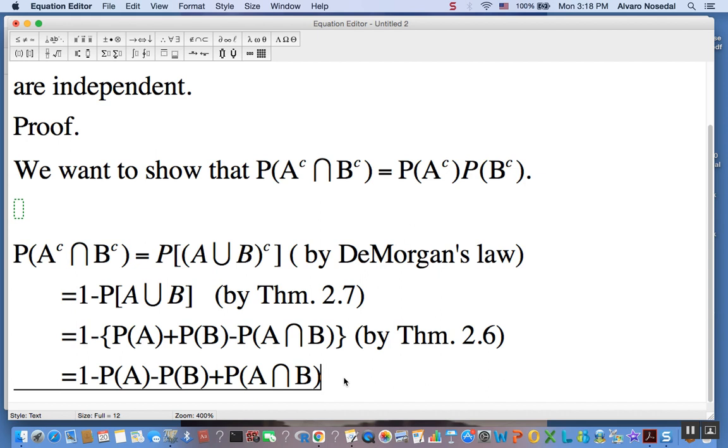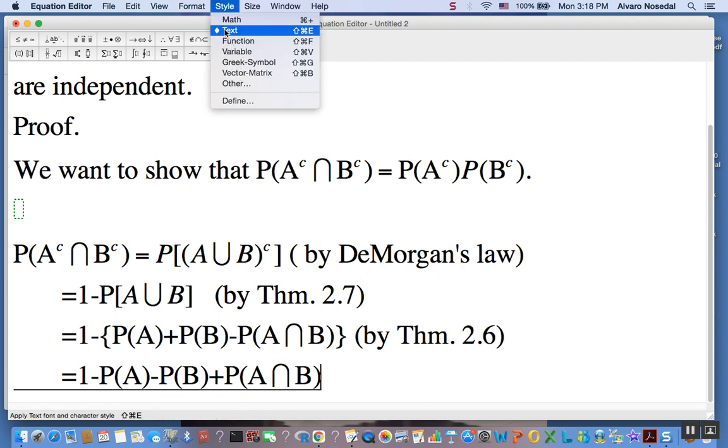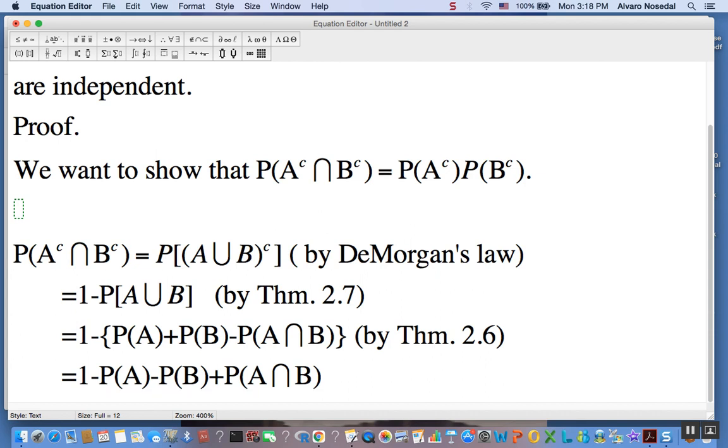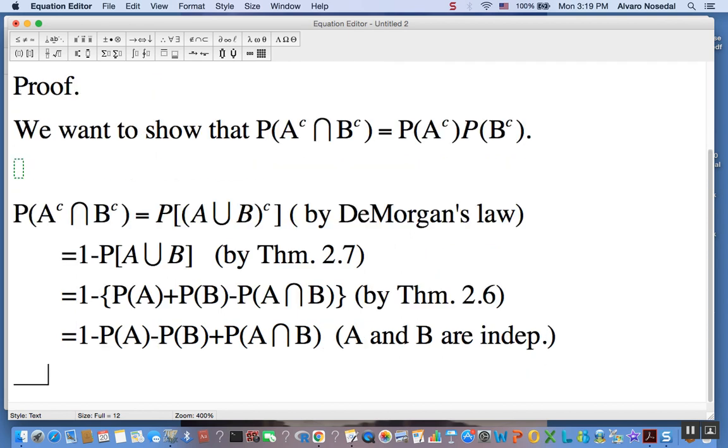Now, that assumption will be useful here because, instead of writing the probability of A intersection B, since these guys are independent, we're going to write the product of probability of A times probability of B, by independence, or let me just say that A and B are independent. And that's by assumption, right?